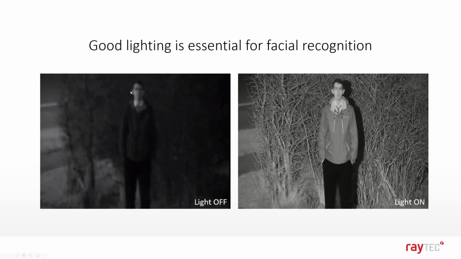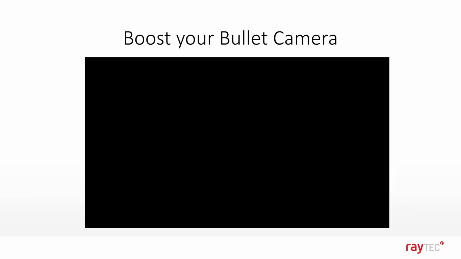As we zoom in, we can tell that it's a white male, but we've got no idea of any other details about the guy. Whereas here, we get facial recognition details, we can almost see the make of his jacket. So depending on the application, if you need high security and a lot of information, you should use dedicated lighting for the camera.